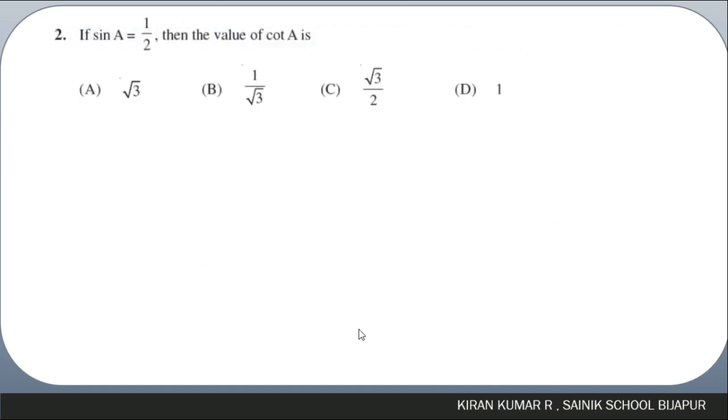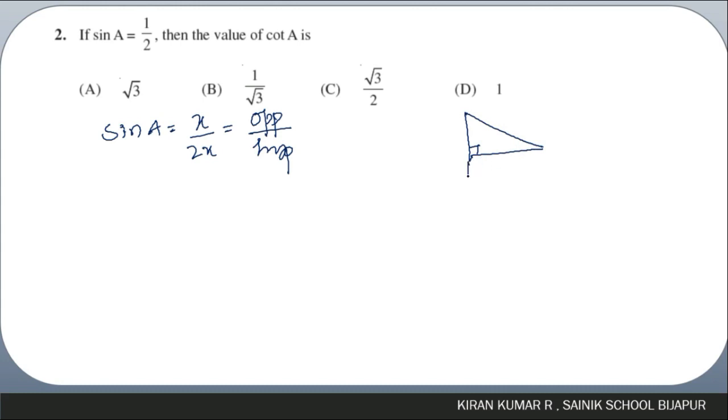Next, the second question is, sin A equal to 1 by 2, find the value of cot A. Sin A is 1 by 2, I'll take as x by 2x. We know it is opposite side of angle A to hypotenuse. If I consider this as a triangle, right angled at say B, sine of angle A is opposite side by hypotenuse.